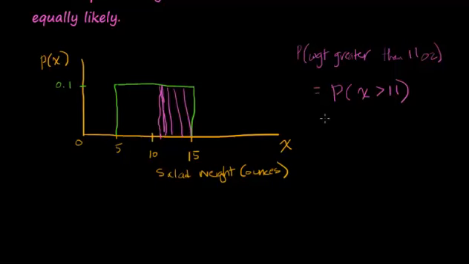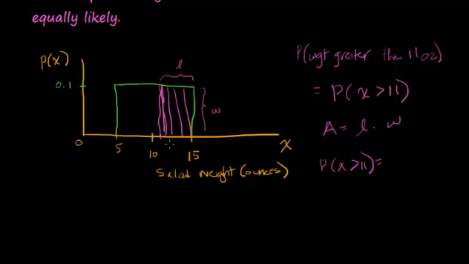Okay, so recall that this area would be, here's its width. I'm sorry, we'll call that the length because we were calling this the width before. And here's its width. And so the area is equal to length times width. So this probability that x is greater than 11 will be this length, which is 4, right?